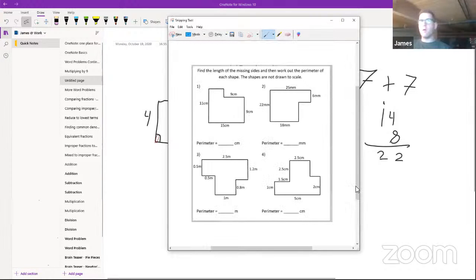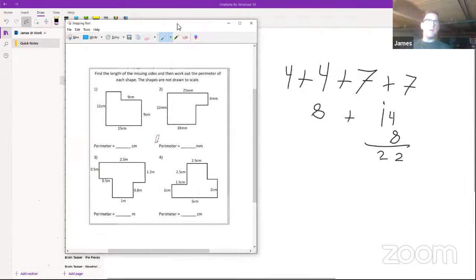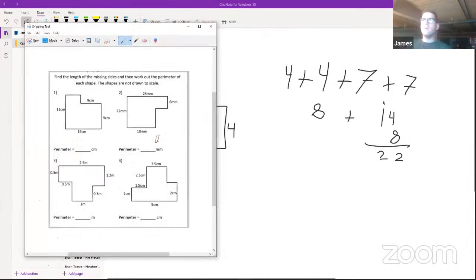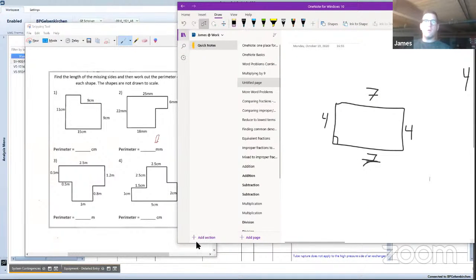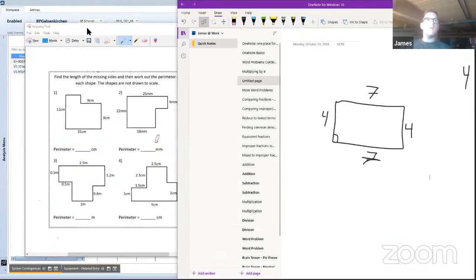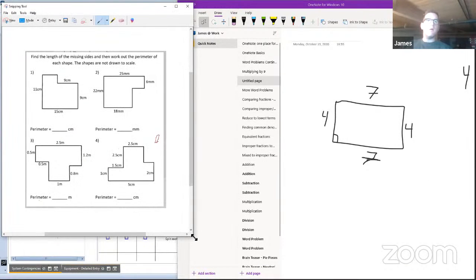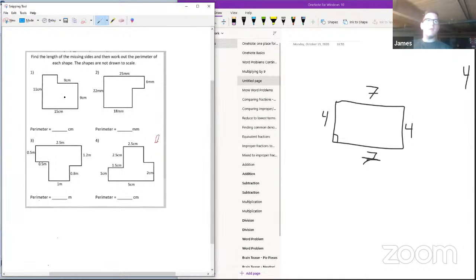Here are some more problems. So let's try one of these. Let's do number 1 over here. This shape, can you guys see that?